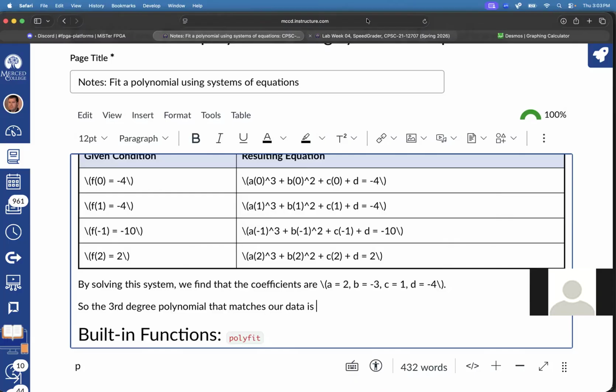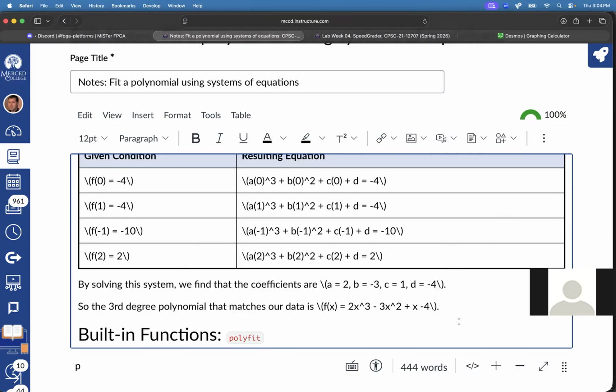Okay, we're back. Sorry about that. Anyway, where were we? We were writing out the polynomial. So the third degree polynomial that matches our data was, as we discovered, f of x equals, and these are the coefficients: 2x to the third power minus 3x squared plus x minus 4.